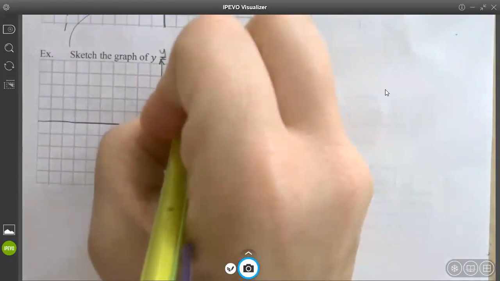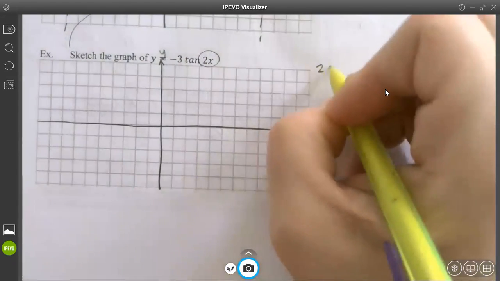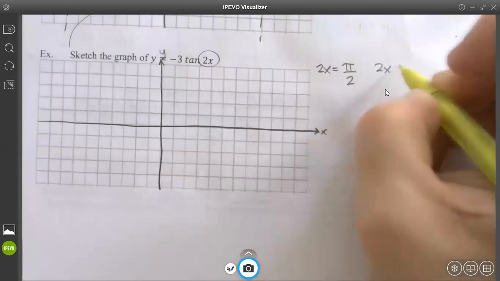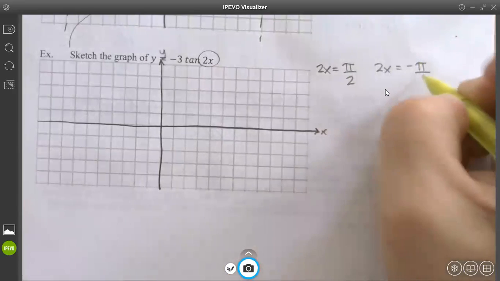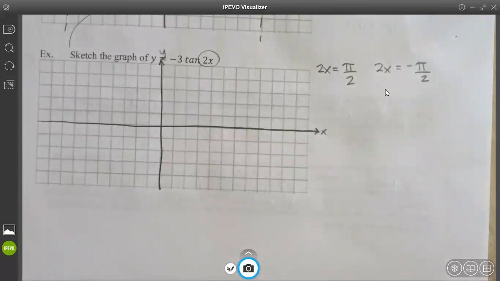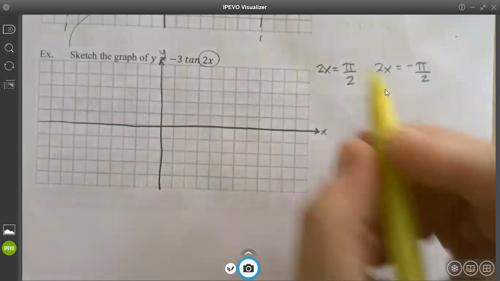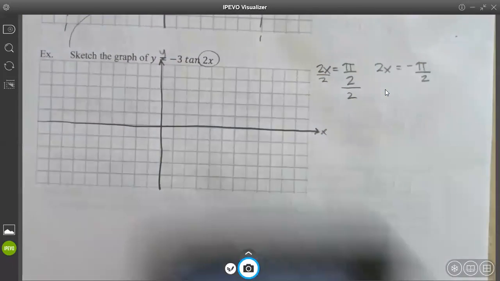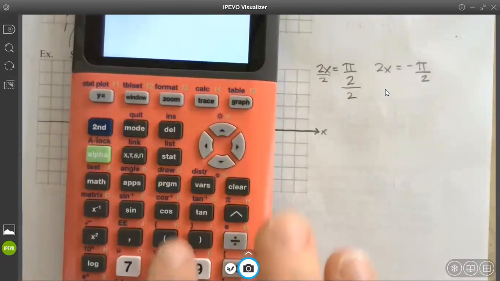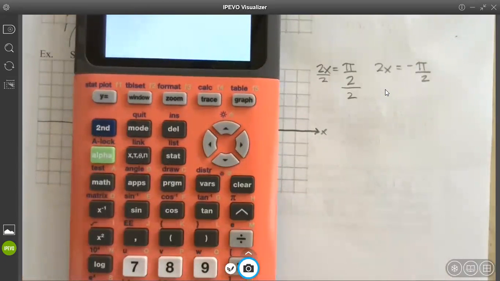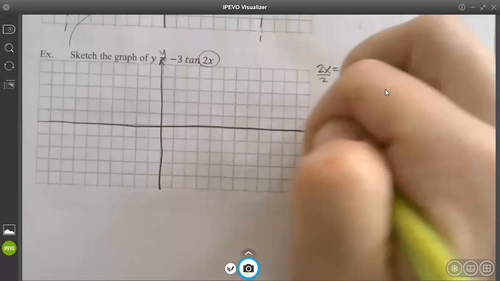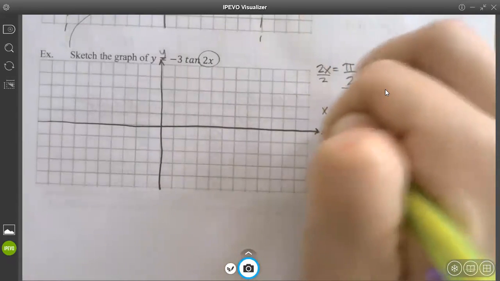Remember, we take whatever is here and we set it to pi over 2 and negative pi over 2. How do I solve? This is 1/2 divided by 2, which actually gives you what? 1/4. So this is pi over 4.